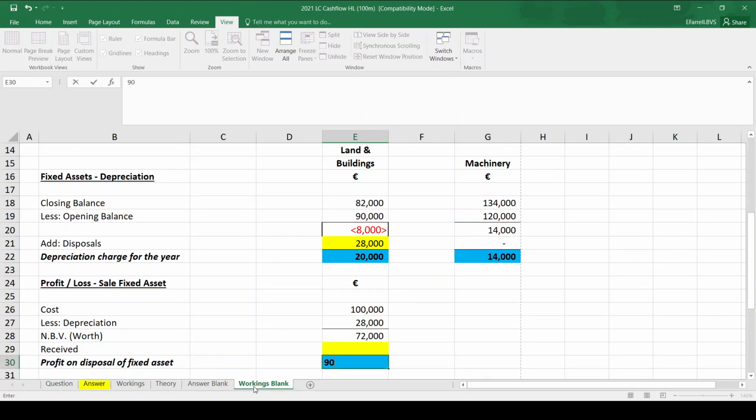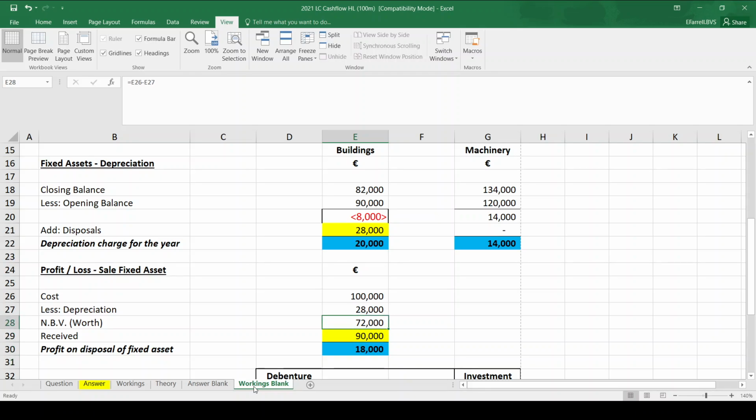So if I received 90,000 and they're only worth 72,000, I made a profit of 18,000. So the 90,000 I received goes in there. If you receive more than the net book value, or the worth, you made a profit.